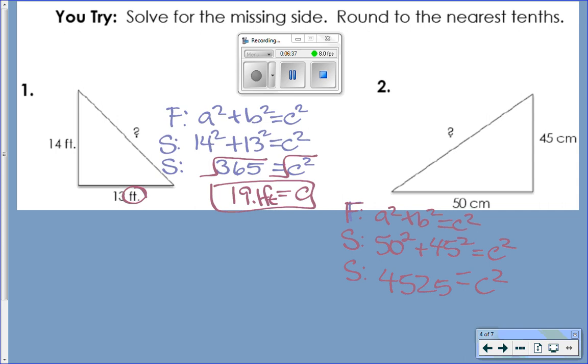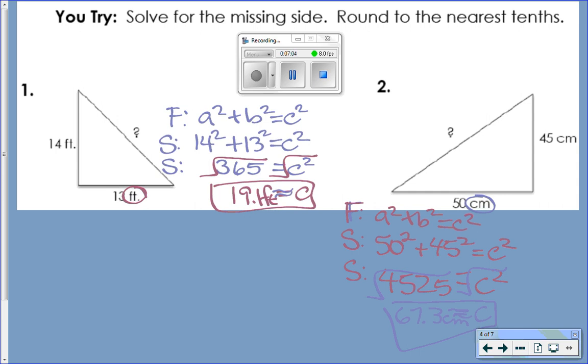And then how do we solve for just the side length? Good. The square root of 4,525 to the nearest tenth is 67.3 centimeters. I guess they're about, right?